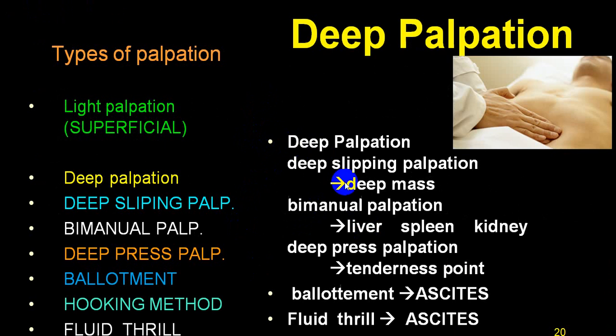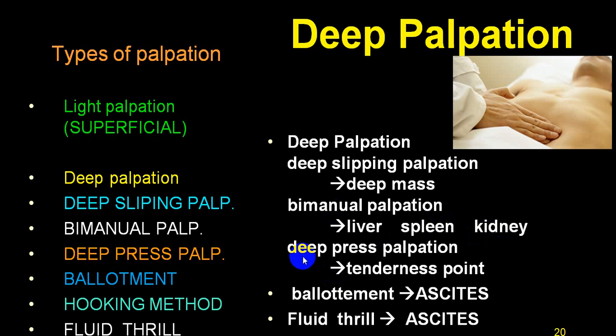Deep palpation is mainly utilized for deep masses or deeper structures. Bimanual palpation you can utilize mainly in the case of a kidney. You can also use the two hand technique for liver and spleen. We'll be showing you some photographs.